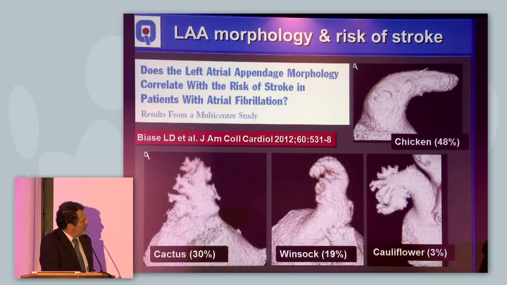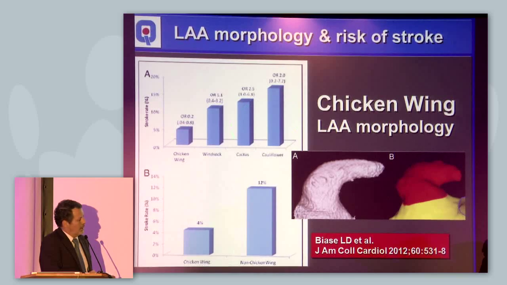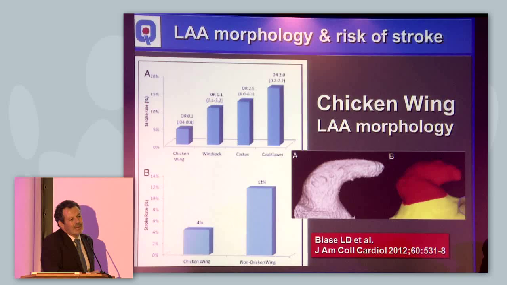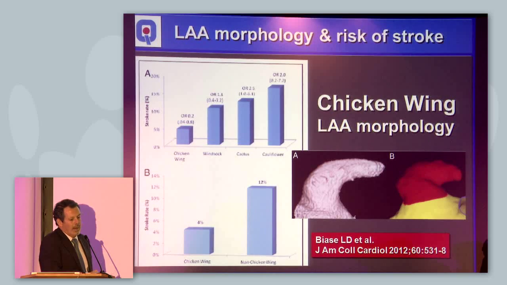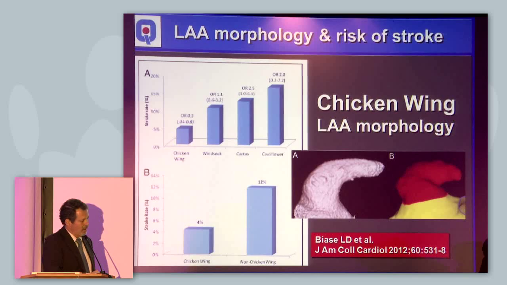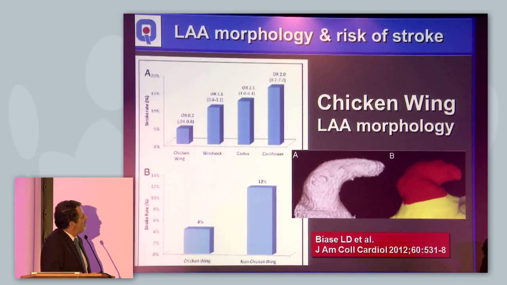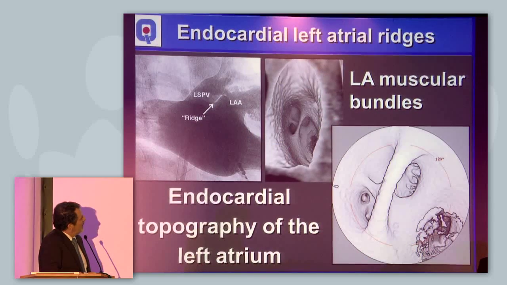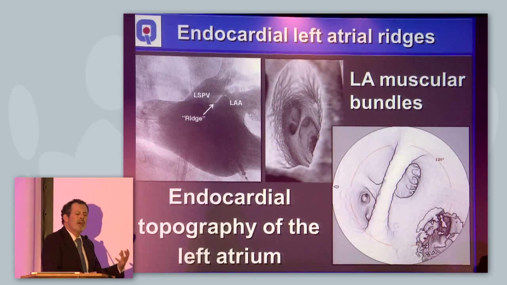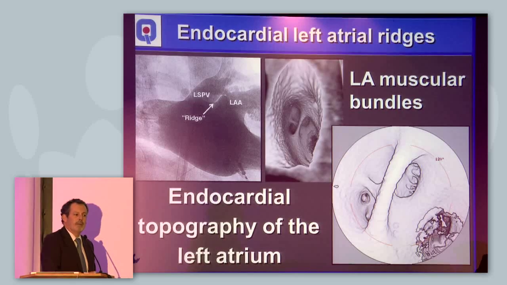They show that this type of morphology, which can be found in 48% of the patients, carries less risk of a stroke. I think that Professor Zamorano will speak of this recent study. Therefore, we need to recognize the anatomy of the left atrial appendage.